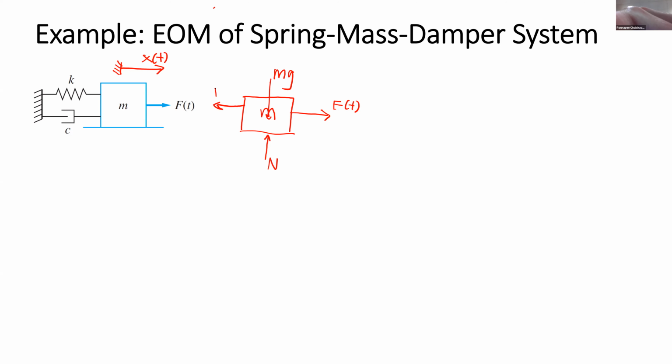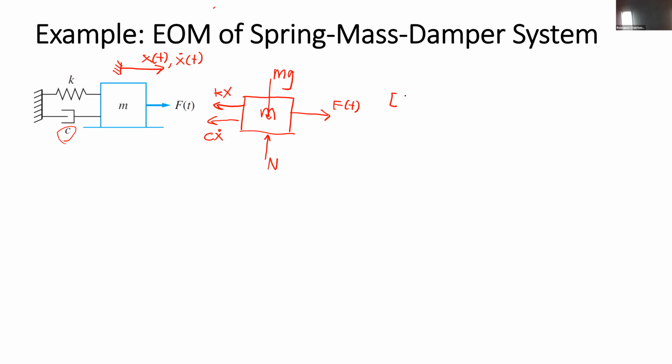The magnitude of the spring force will be kx. How about the damping force? We also need to assume the velocity of the system to the right hand side also. And the magnitude of the damping force will be c multiplied by x dot.